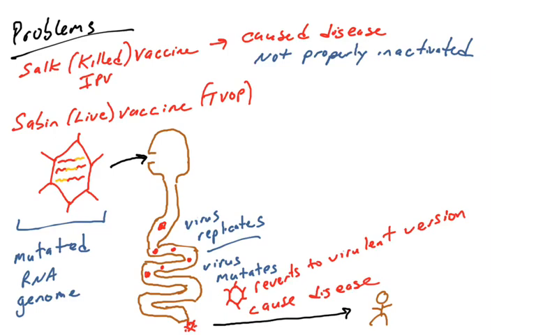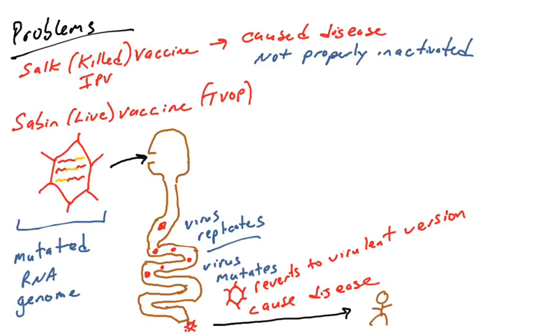If that fecal matter is handled by, let's say, another individual who hasn't been vaccinated, then that individual will be exposed to the virulent strain of the poliovirus, and they can be infected by that poliovirus, and they can come down with the paralysis that's associated with polio. Again, about a 1% chance that they would get the paralysis associated with poliovirus.